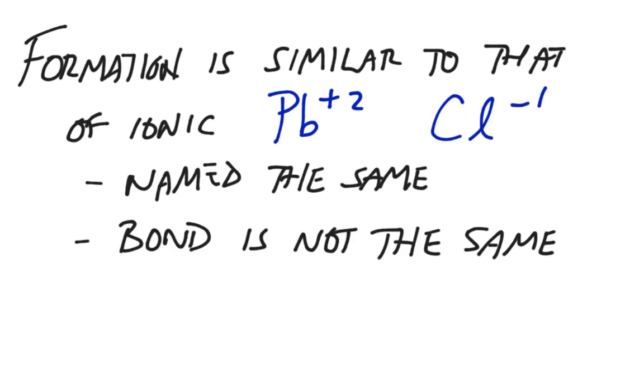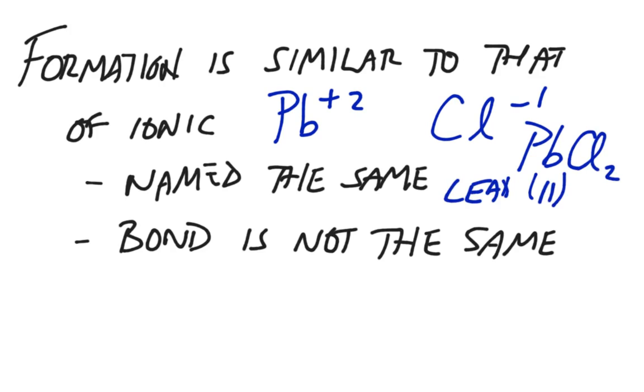Lead is a metal, and it does have a charge. And so when we're talking about metallic compounds here, in terms of how those pieces come together, they come together the same as ionic, and they're named the same as well. What forms is PbCl2, and that would be your lead(II) chloride, if I can fit it into space here.